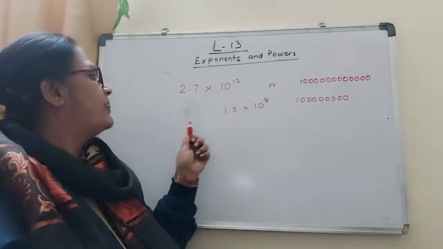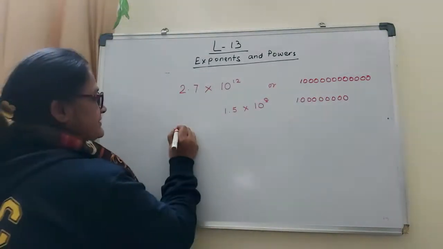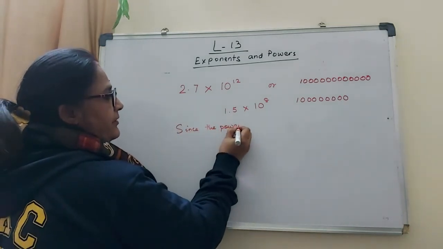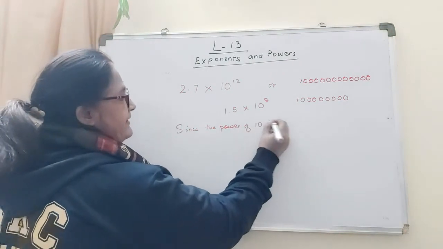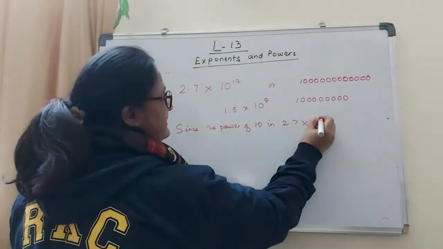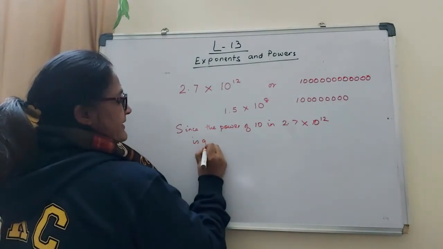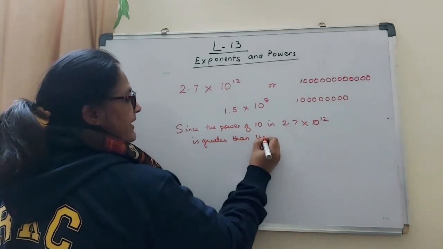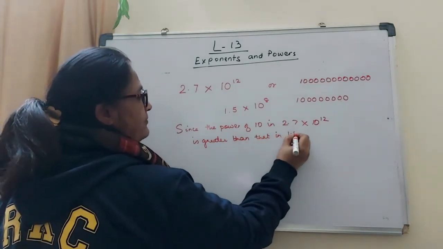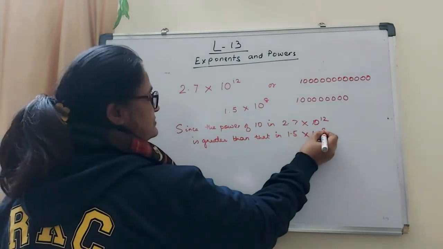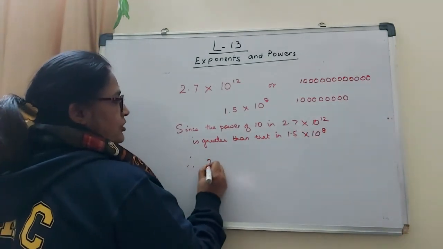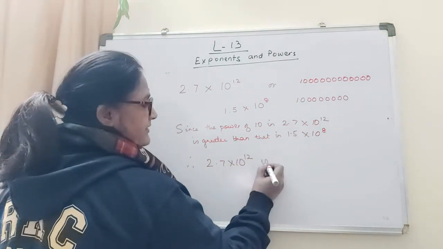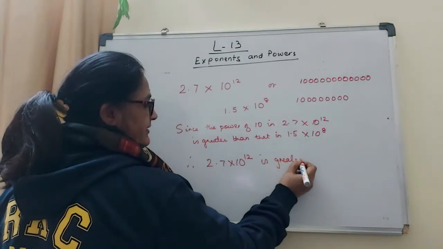Okay, so I'll give you how to write. Since the power of 10 in 2.7 multiplied by 10 raised to the power of 12 is greater than that in 1.5 multiplied by 10 raised to the power of 8, therefore, 2.7 multiplied by 10 raised to the power of 12 is greater.